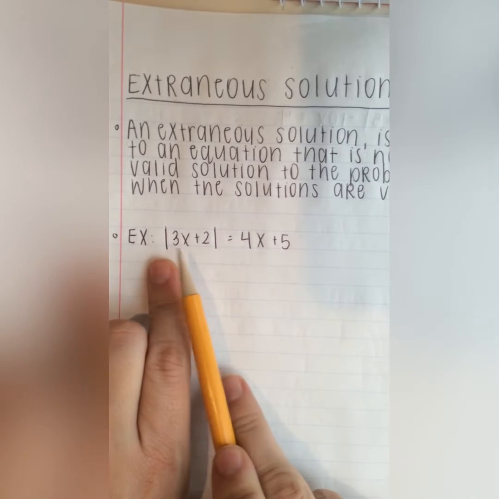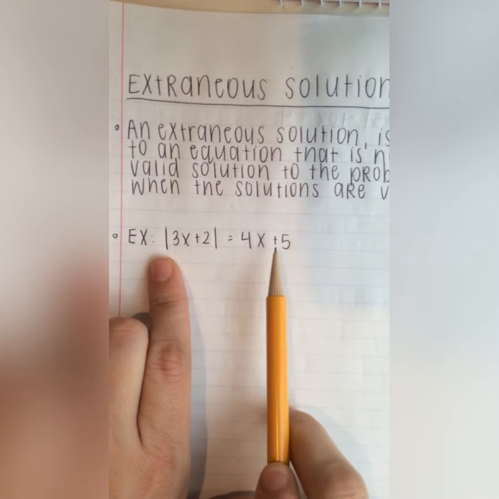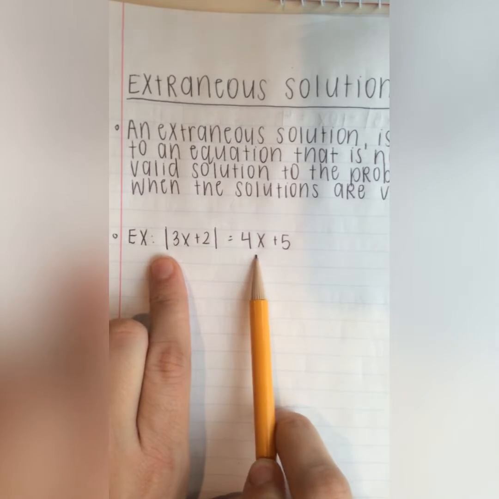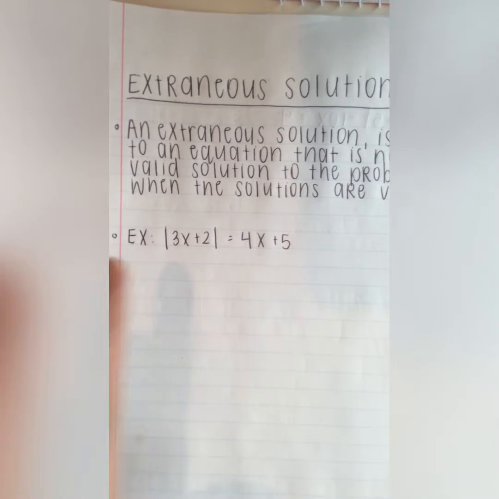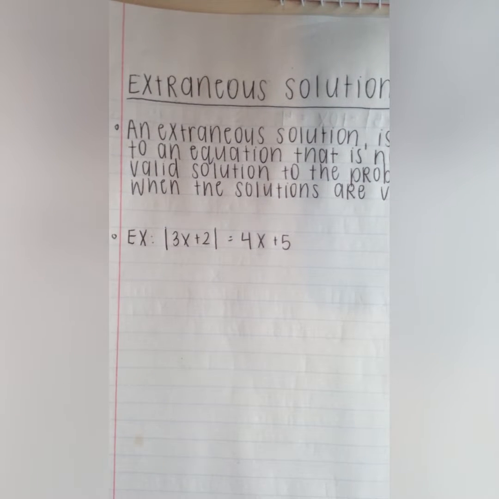One is inside of the absolute value and one is not. When that is the case, you are going to have to check for extraneous solutions. You're still going to get two answers. Both of those answers could be a solution, or one or both of those answers could actually be extraneous solutions.